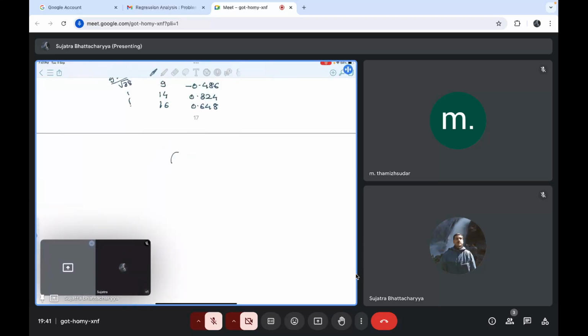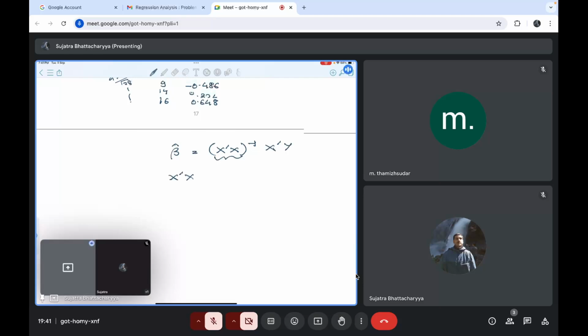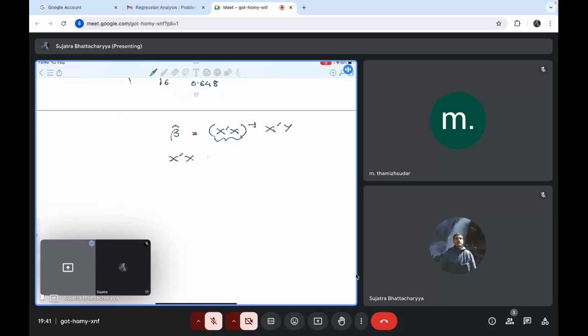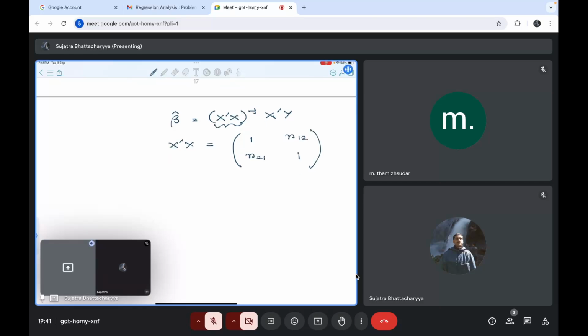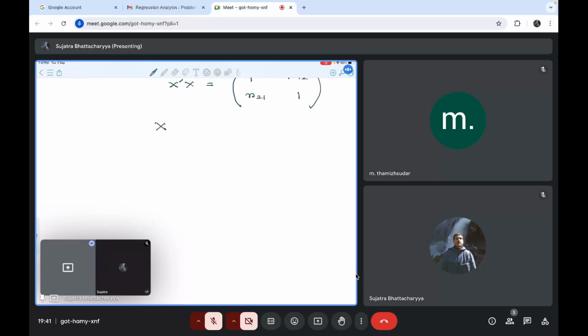So let's do beta hat, which is (x prime x) inverse x prime y. As I have already told you, for the centered and scaled case, x prime x is nothing but a correlation matrix: 1, R12, R21, and 1. But even if you don't use that, let's write x.